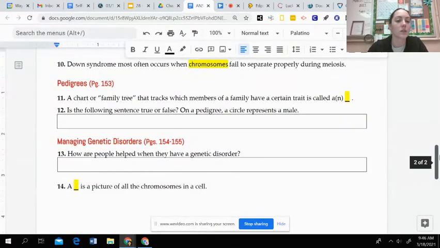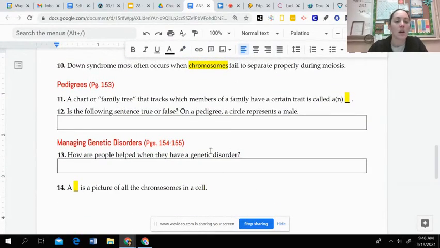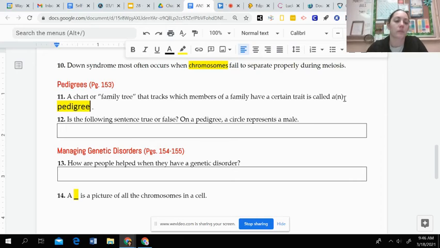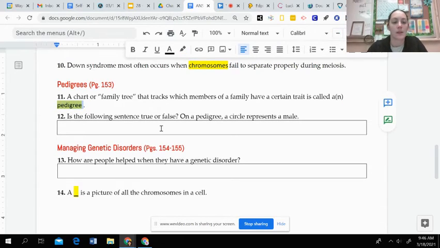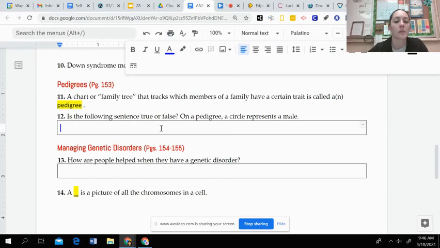Then moving into pedigrees, a chart or a family tree that tracks the members of a family and what trait they have is called a pedigree. And then is the following sentence true or false? On a pedigree, a circle represents a male.